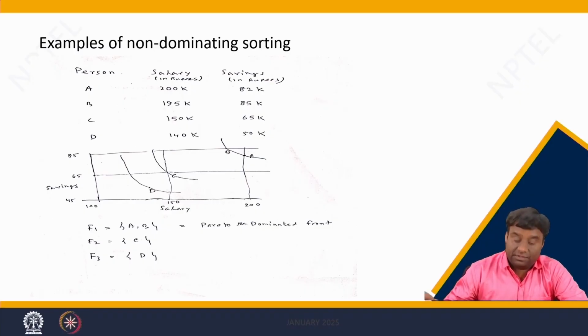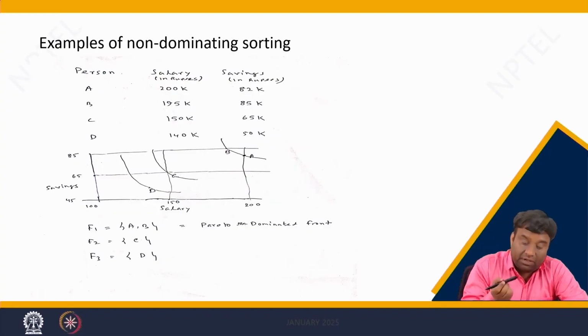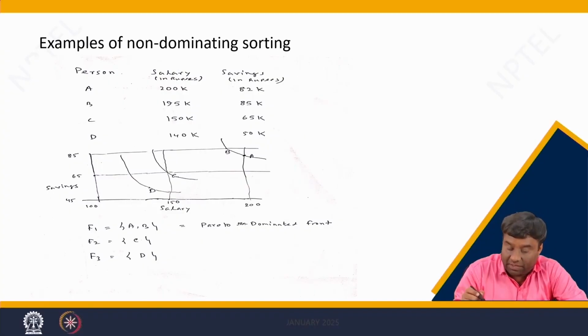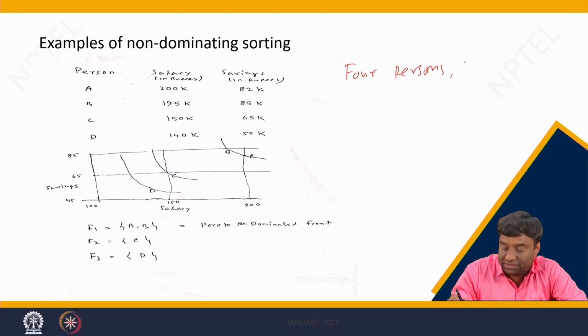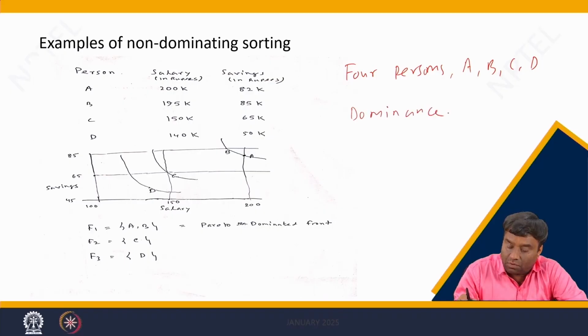Suppose there are four persons in a family, namely A, B, C, D. We want to estimate the dominance of their contributions.